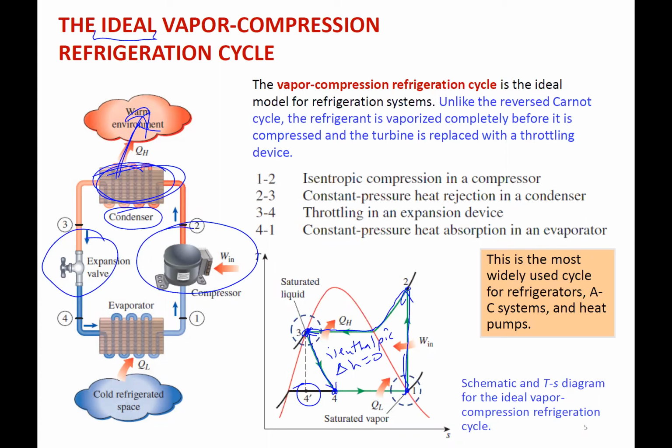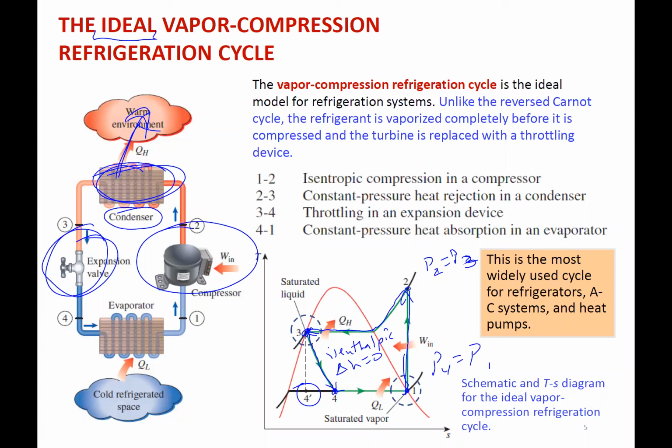So we go to 4, and now we end up in our evaporator. So the other thing we should say is we drop the pressure in the expansion valve. By dropping the pressure, right, here's pressure 1, pressure 2, here's pressure 4 equal to pressure 1. Oh, sorry, 2 equal to 3.